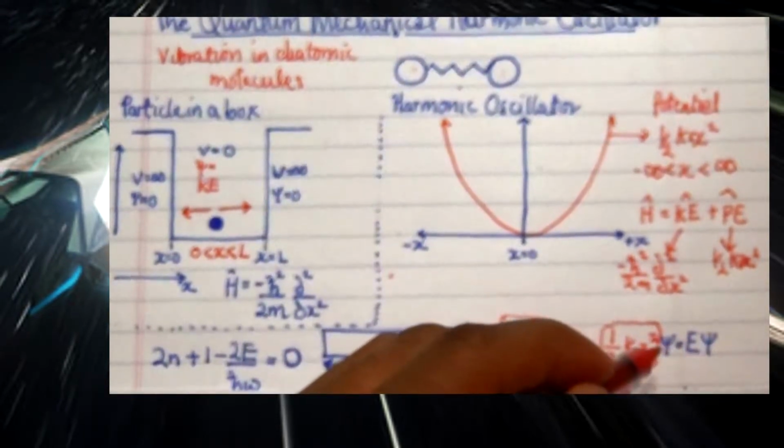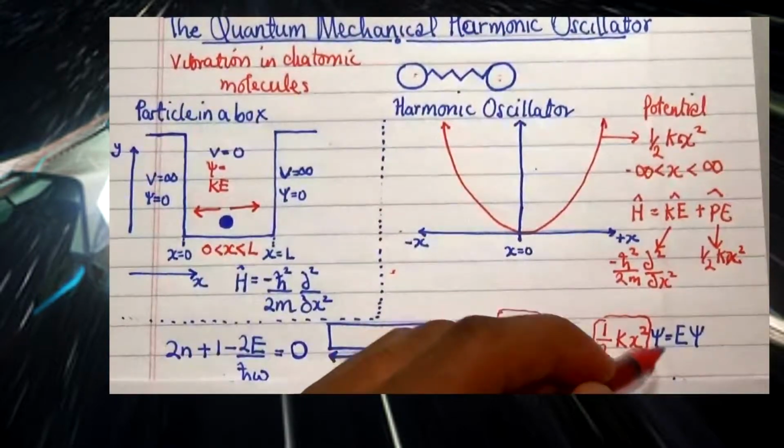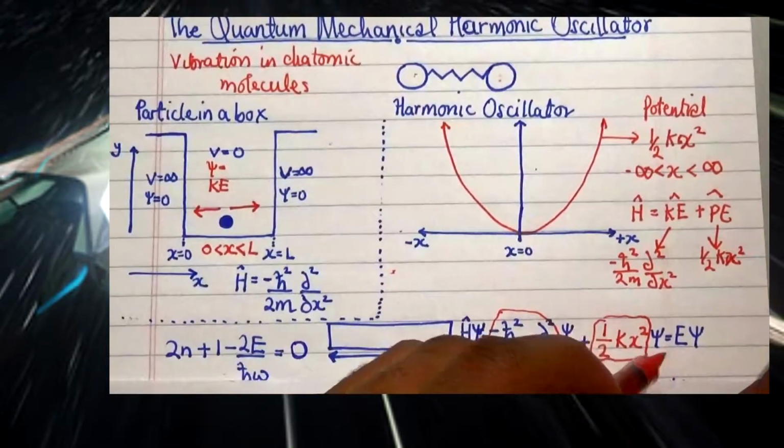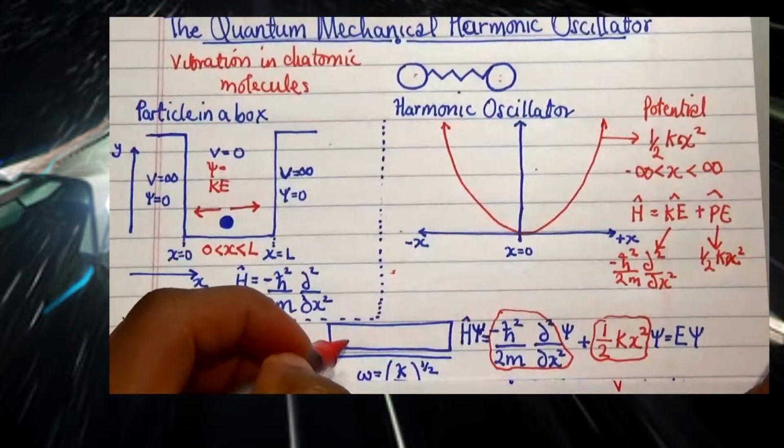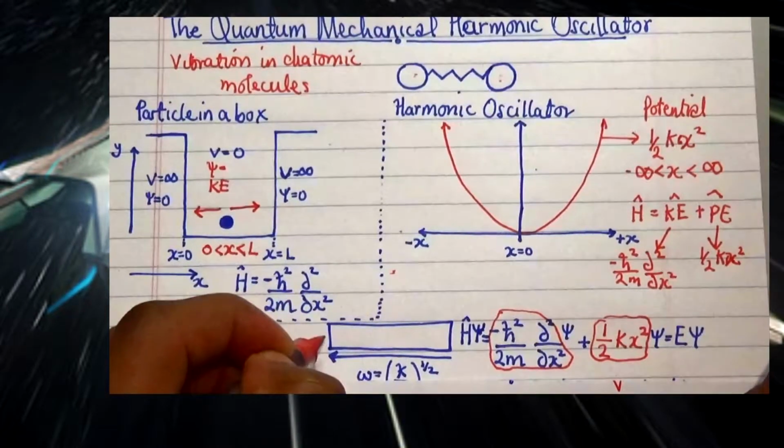Now take note that for us to be able to find the energy here, first of all we need to perform a specific process which is called the power series.